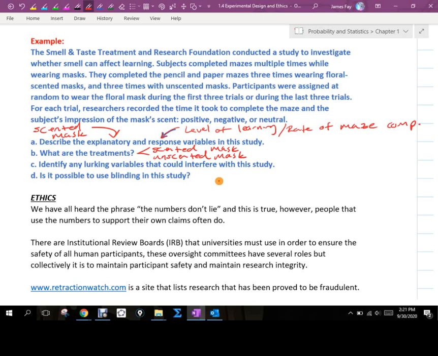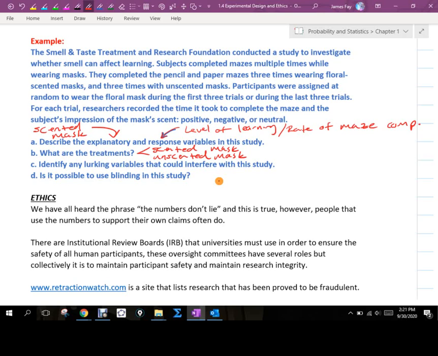Okay, so what you're saying is that this is not a blinded study, right? Okay, so the participants know obviously whether they have the scented mask or the unscented mask on. So that might be a lurking variable, we've essentially got the placebo effect going on here. Like I know I can smell it, so maybe I just have that thought that I'm going to do better, and then they do better.